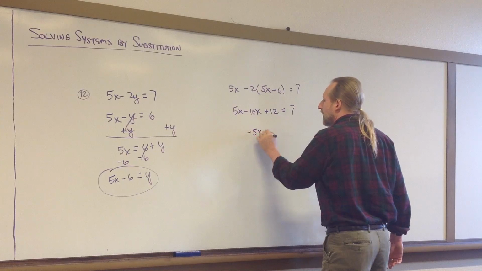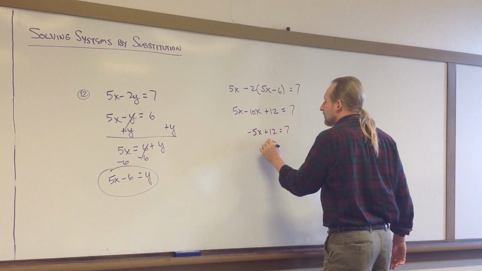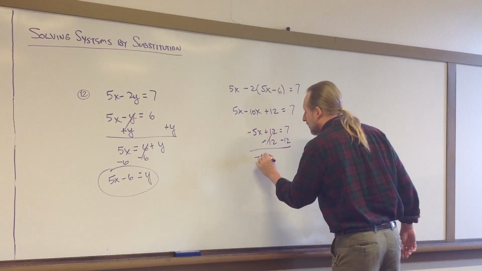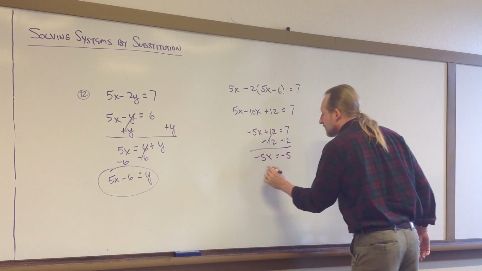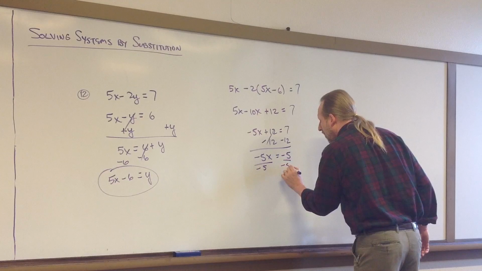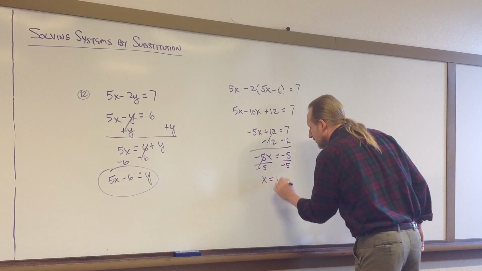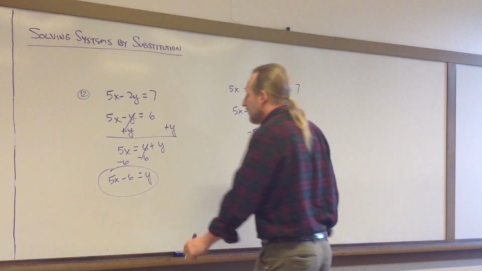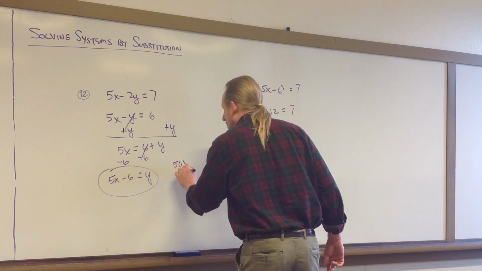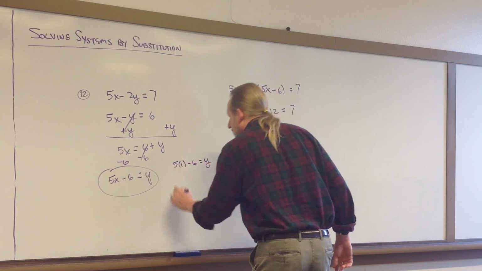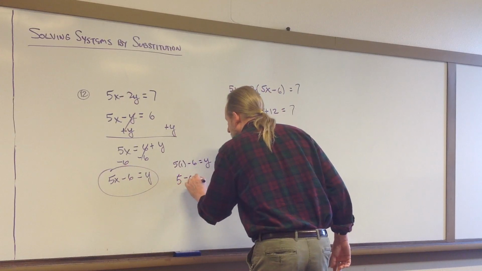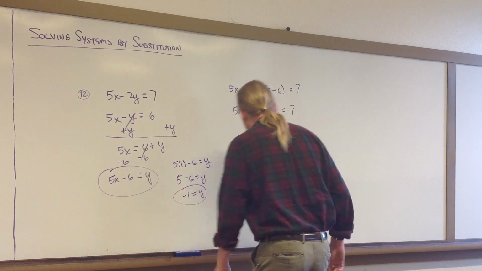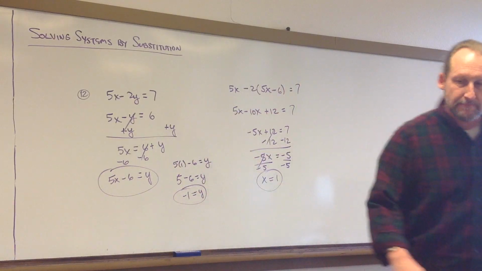So -5x plus 12 equals 7. Subtract the 12 on both sides. And x is +1. So if I plug in the +1 over here, then that gives me 5 minus 6. And yeah, it turns out y is -1. Okay?